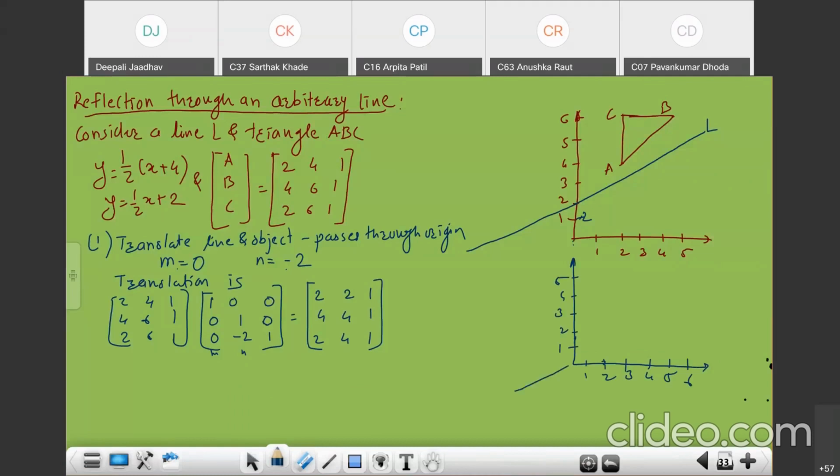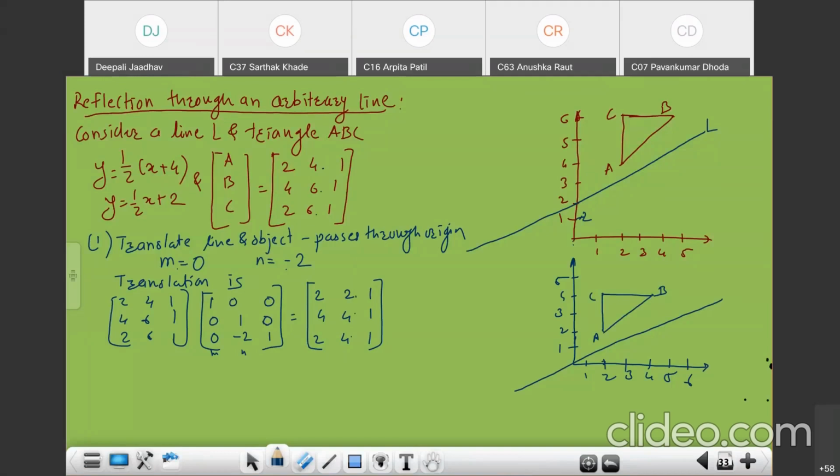Now it passes through the origin. Correct? So the triangle is now 2, 2, this is now A; 4, 4, somewhere it is B; and 2, 4, it is C. Now you can observe here, the y of this point changes by minus 2, and this is the new position of the triangle.